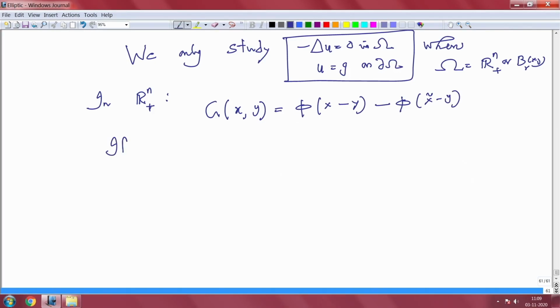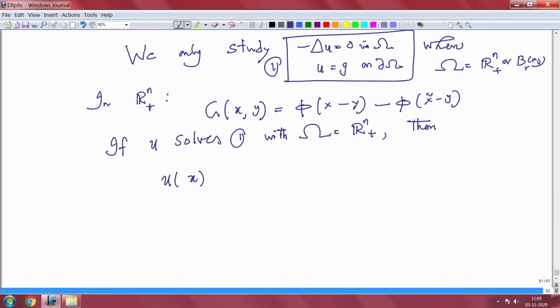So, if u solves problem 1 with Omega equal to R n plus smoothly, then u of x equals, this is the Green's formula, an integral of G of x, y.